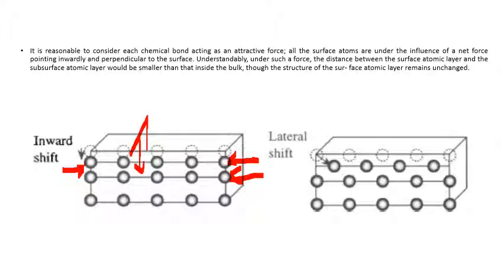However, the structure of the surface atomic layer remains unchanged. It is seen here. But in the case of relaxation, it will shift. The bond length is reduced for the top layer.